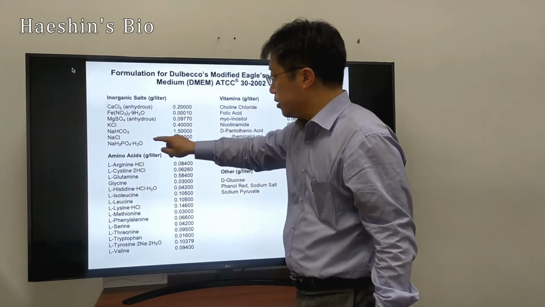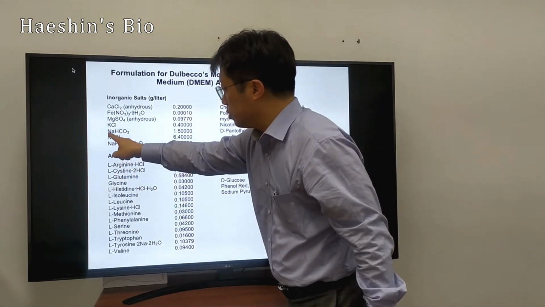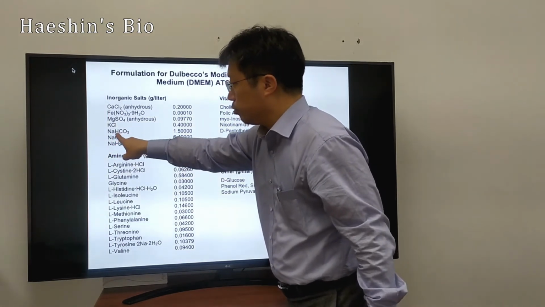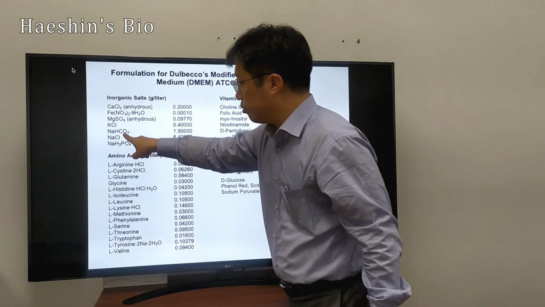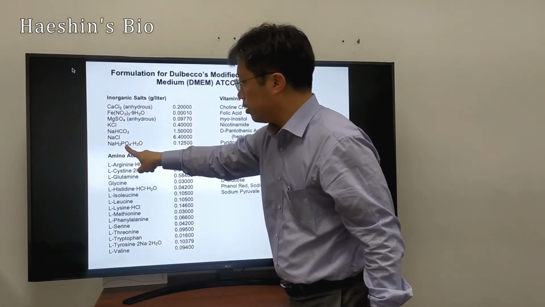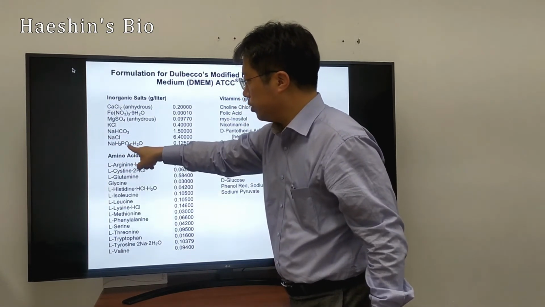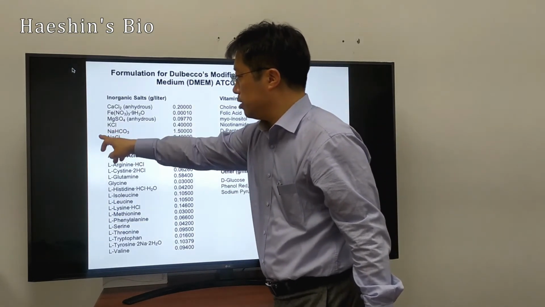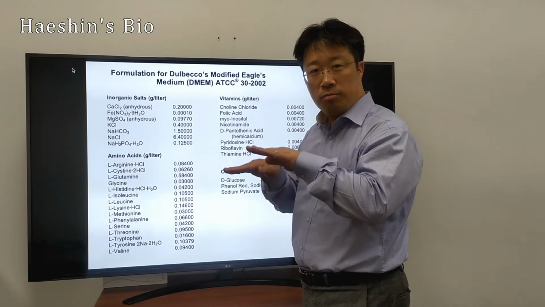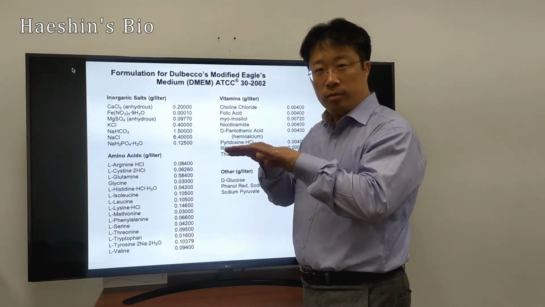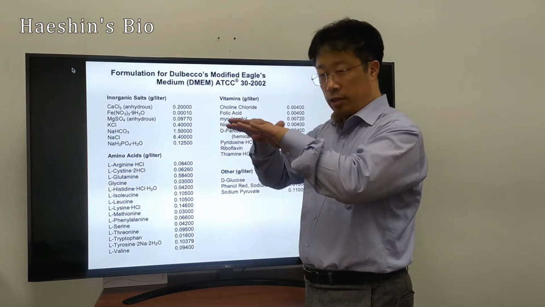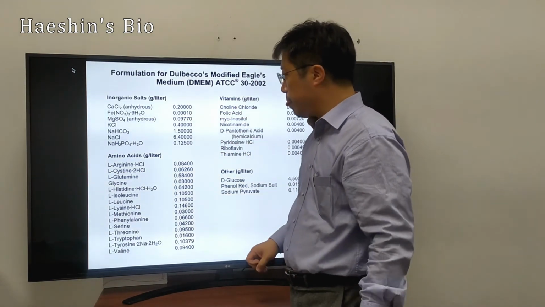And this one and this two, sodium bicarbonate, monosodium phosphate, are buffers. This is buffering, matching the pH. If the pH deviates from 7.4, you can buffer the overall system.